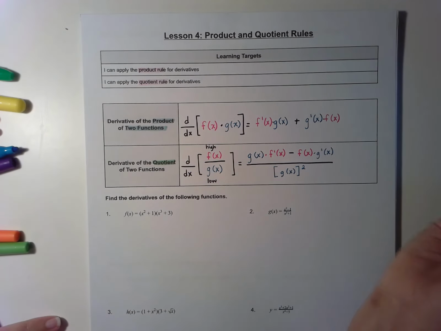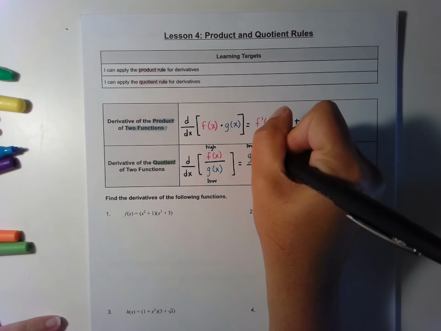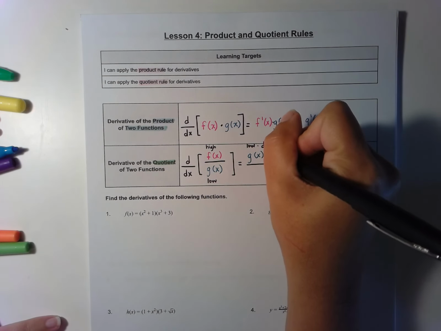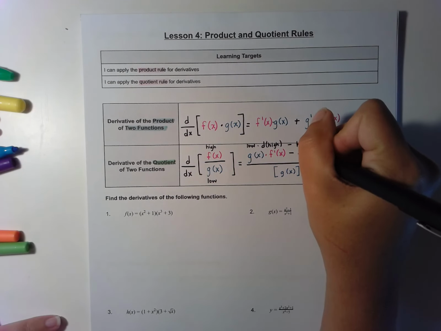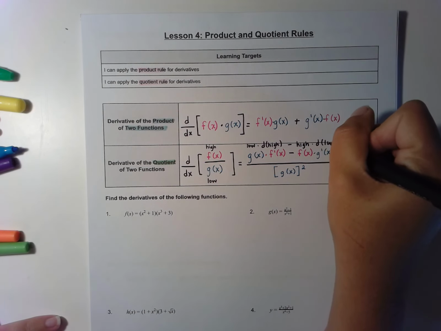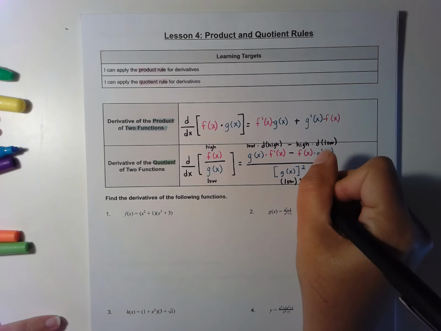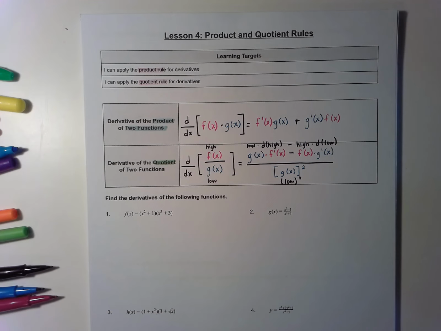If I were to write out this formula kind of using words, it would say low, and then derivative, so I'm going to use d for derivative, of the top, so high, minus the top, which is high, times the derivative of the bottom, which is low, and then low squared on the bottom. The song goes like this.